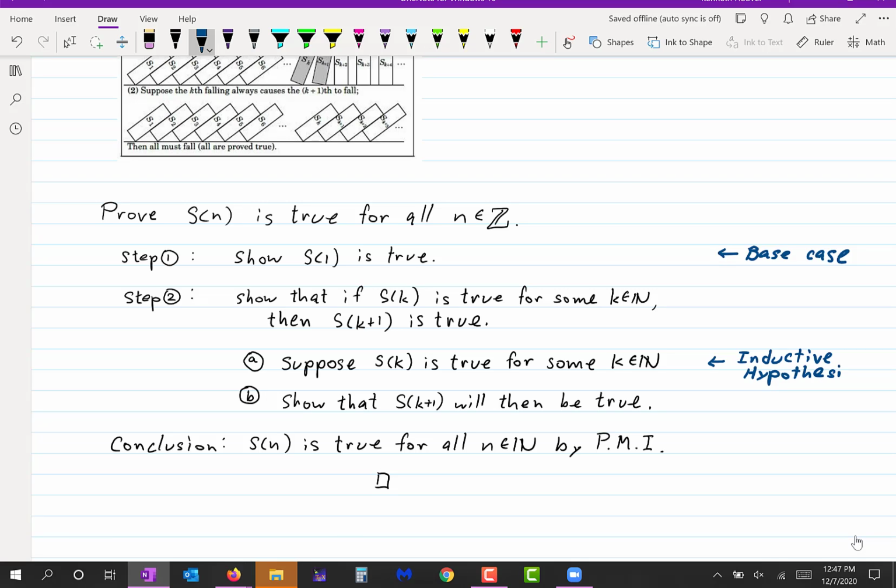The base case is usually easy. The inductive hypothesis is always easy because there's nothing to do except write down the sentence. So 90% of the work is usually in step 2B, and it's usually not hard. Okay?